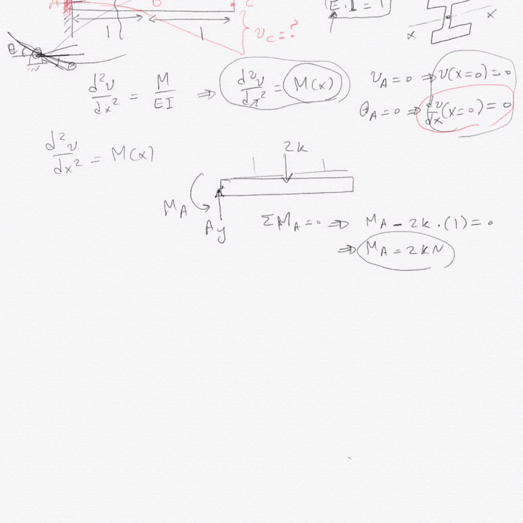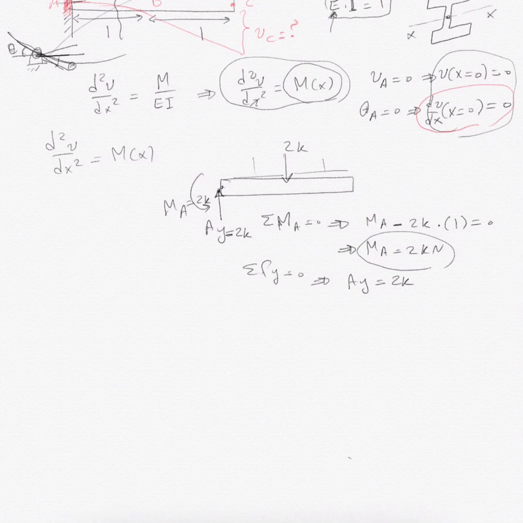Right? So MA is 2, and by the same thing, if you write summation of forces in Y equals 0, you get Ay is equal to 2 kN. Right? So in fact, when I have this, then I can just say this is 2 kN, this is also 2 kN. Then I'll go ahead and do the sectioning.